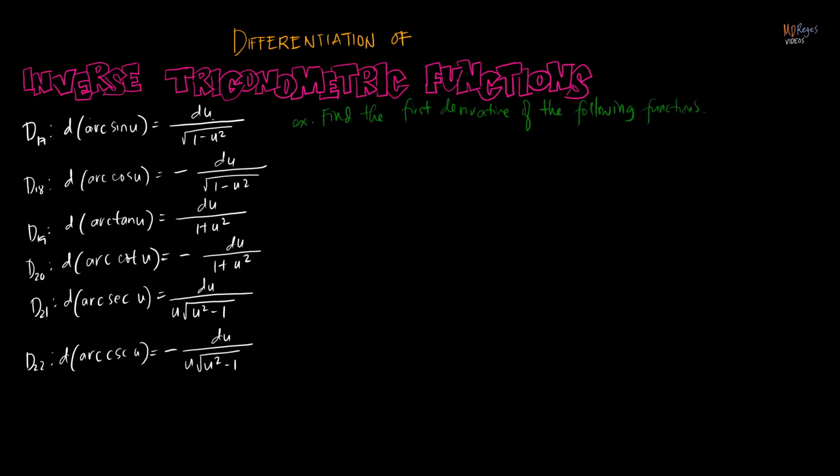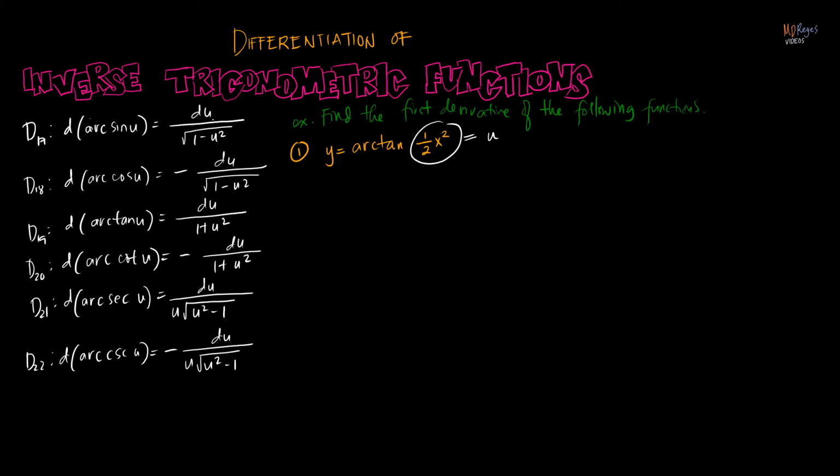So let's have an example. First one, you're given a function y equals arctangent of 1/2 of x squared. Again, you just have to write your function in any of these 6 forms on the left side. So this is in the form arctangent of u, where u is equal to 1/2 of x squared.